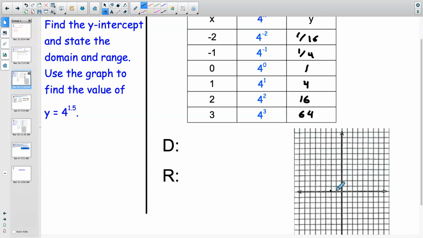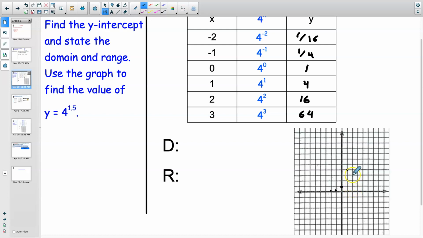Then -1 and 1/4, so it's just a little bit higher. Then 0 and 1. Then 1 and 4, so we have 1, 2, 3, 4. Then 2 and 16, which I'm not sure is even going to be on the graph.